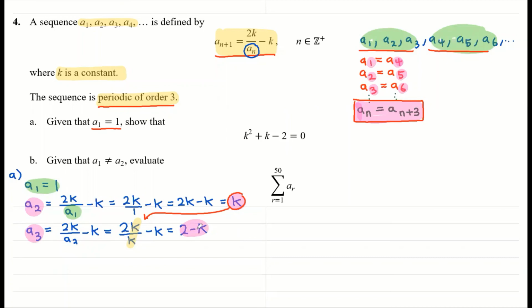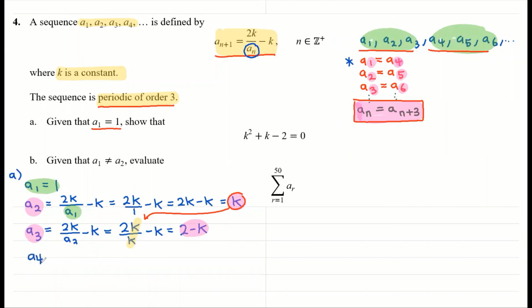Now, let's think about this periodic order 3. If it's periodic order 3, remember what we said earlier, the A1 term must equal A4. So whatever my A4 is, I know it's going to be equal to 1. Let's write it out.